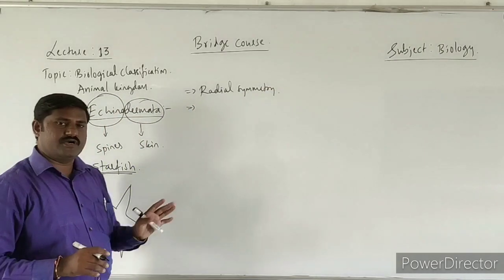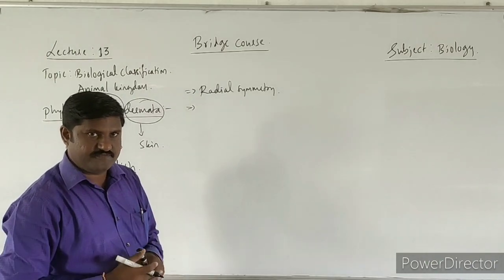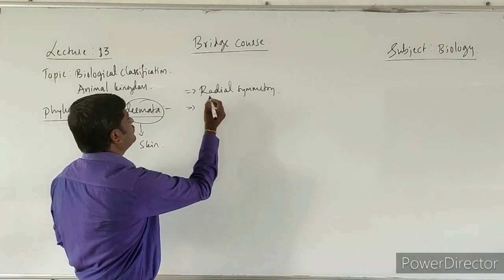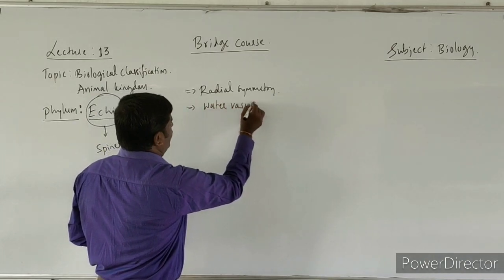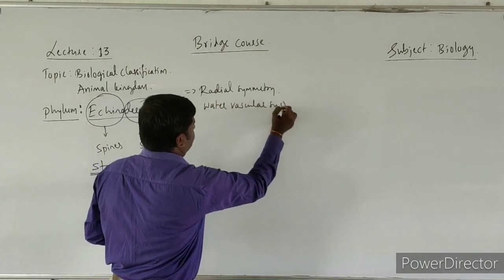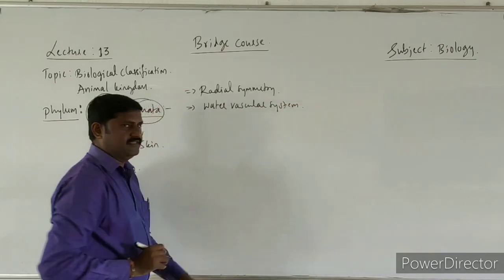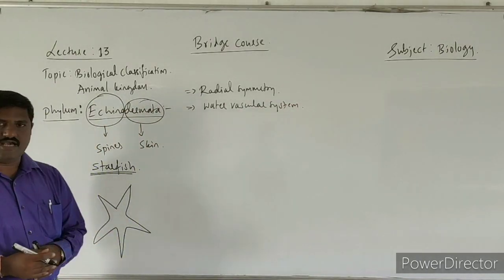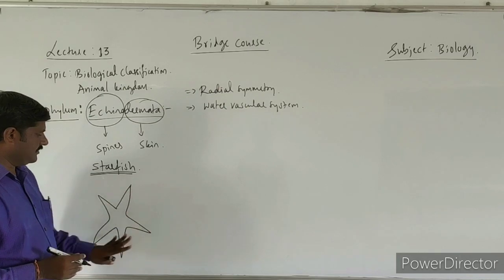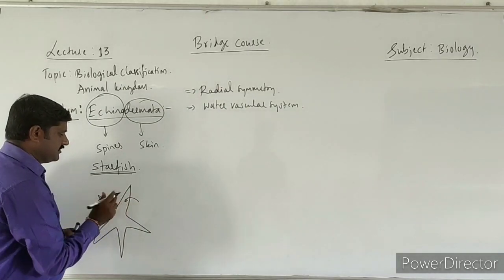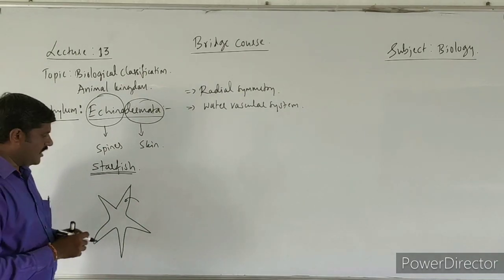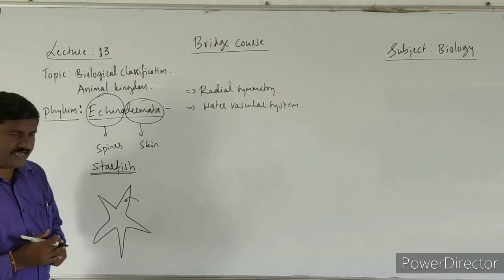And another important feature of these animals is that water vascular system is seen in the body of these animals. As you are seeing here, in this animal's body, the water enters in, circulates inside the body and comes out of the body.